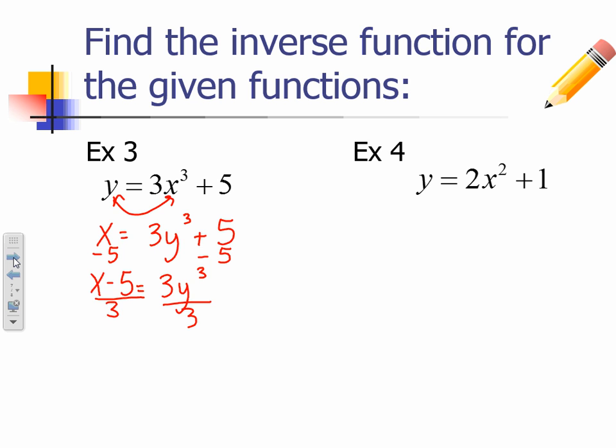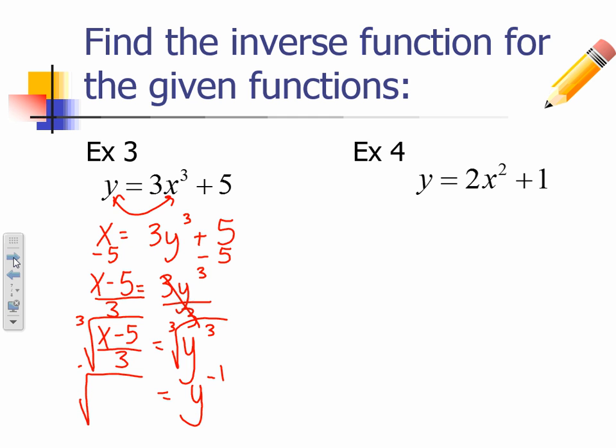Let's go like this. y to the 3rd power is (x minus 5) over 3. Now I have a cubed on the y, and I still need to undo that so that the y is alone. The inverse of cubing something is cube rooting. So I will cube root both sides. Then I'd have y inverse, okay, don't forget that symbol, would be the cube root of (x minus 5) divided by 3.